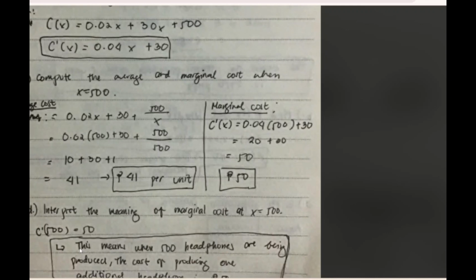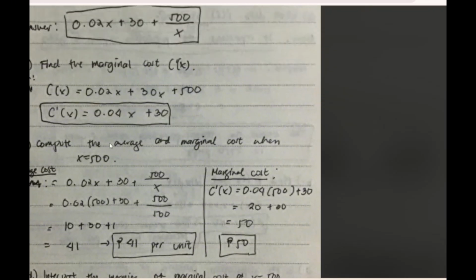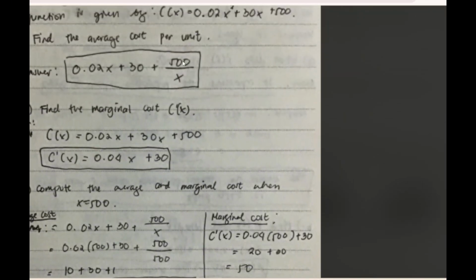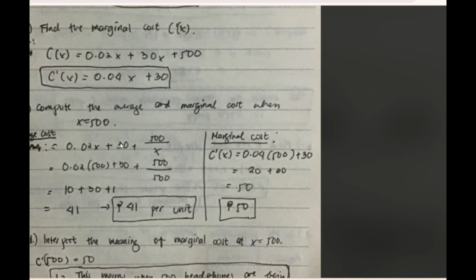Now for letter C, compute the average and marginal cost when x is equal to 500. To find the average cost, of course, we are going to use this function 0.02x plus 30 plus 500 over x, and then substitute 500 into it. It becomes 0.02 times 500 plus 30 plus 500 all over 500.